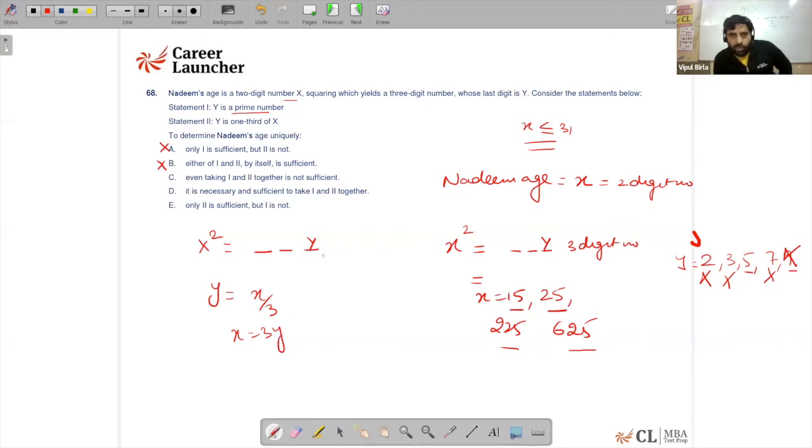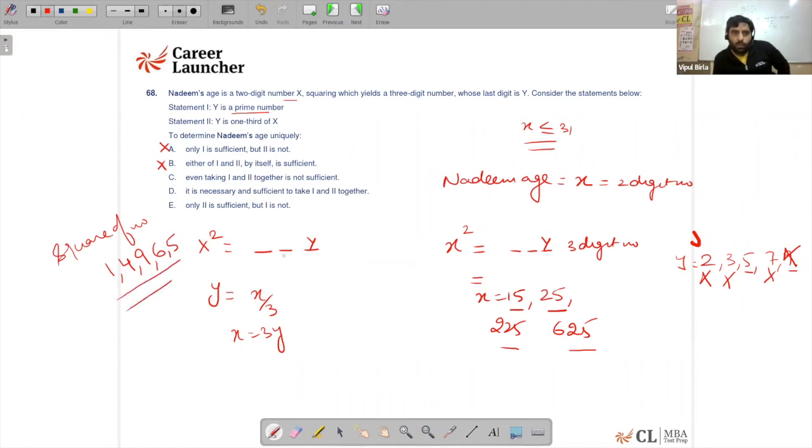So the square of any number: if you take 1 squared, it's going to be 1, 2 squared is 4, 3 squared is 9, then 4 squared is 16, 5 squared is 25, 6 squared is 36. So the square of any number will always end with 1, 4, 9, 6 and 5.